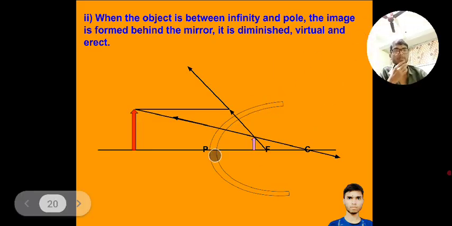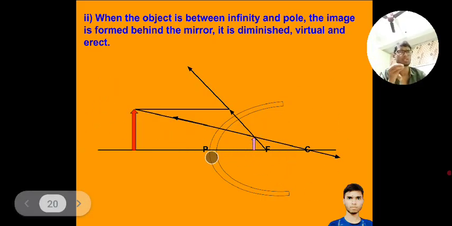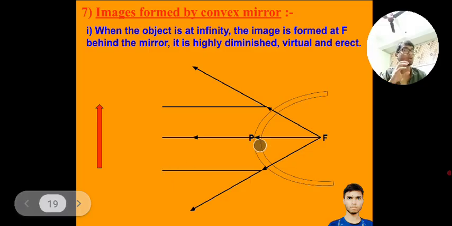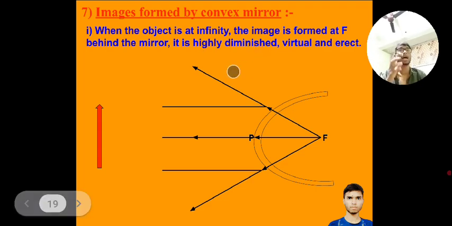Virtual means the image is forming inside the mirror, so it cannot be obtained on a screen. Erect means it is not inverted, not opposite. Here you can see the image is diminished, not highly diminished but diminished. Here we can observe the object, but in the previous case we could not observe the object at all. That's why there is the phrase highly diminished, very small, because the object is at infinity.